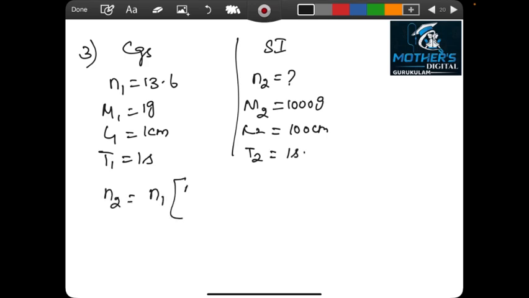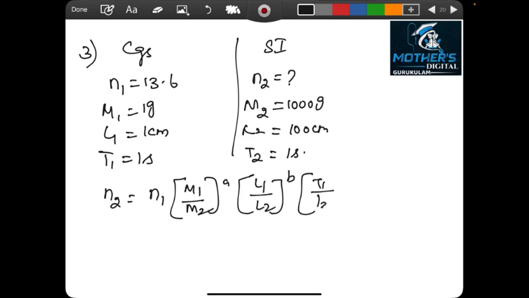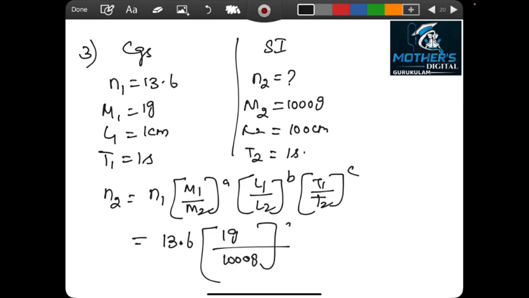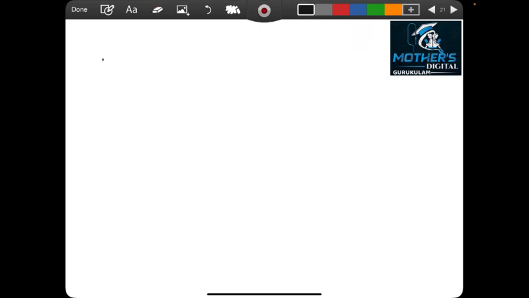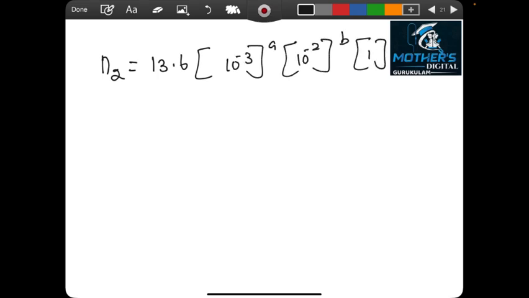Substituting the values in the formula, N1 is 13.6, M1 is 1 gram divided by 1000 gram, the whole power A. Similarly, 1 centimeter by 100 centimeter, the whole power B. And 1 second by 1 second, the whole power C. Which can be written as N2 equals 13.6, 10 power minus 3 the whole power A, 10 power minus 2 the whole power B, 1 power C. Now the density formula: dimensionally, density is mass by volume.